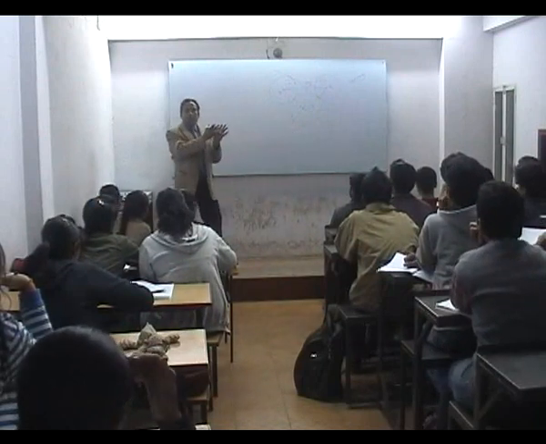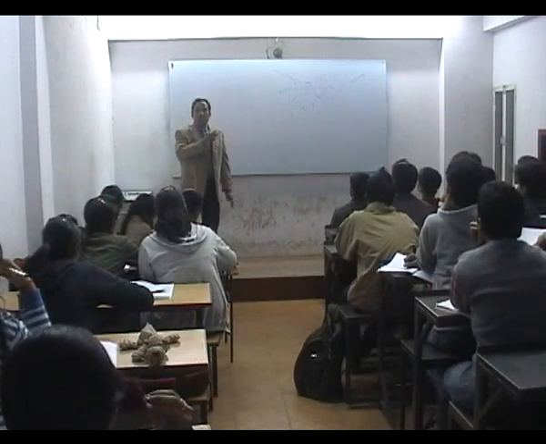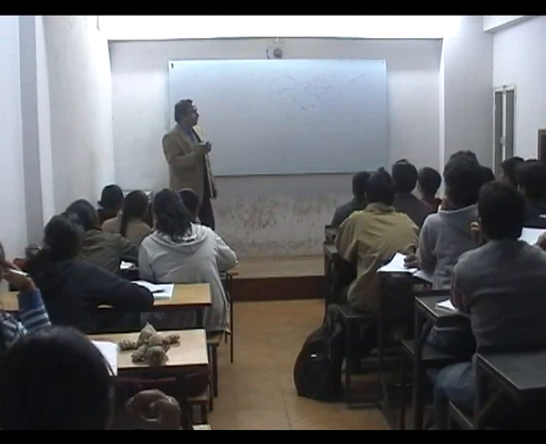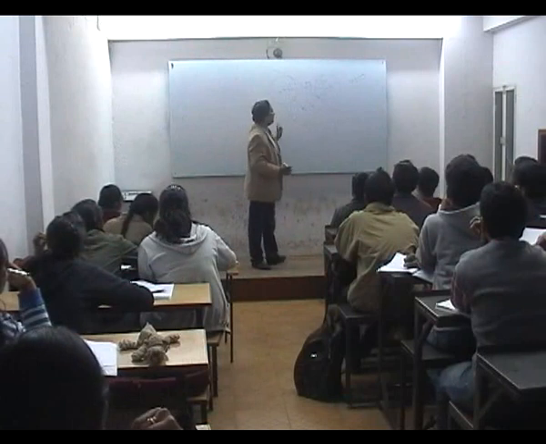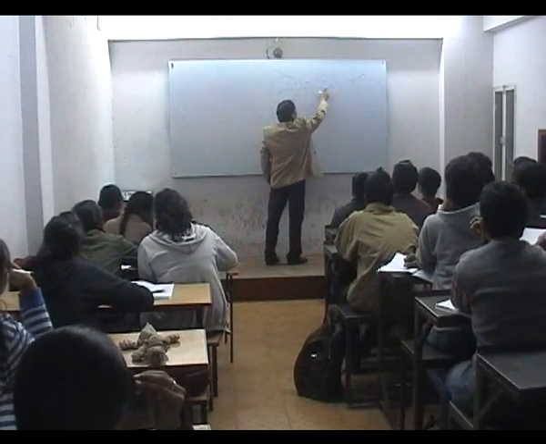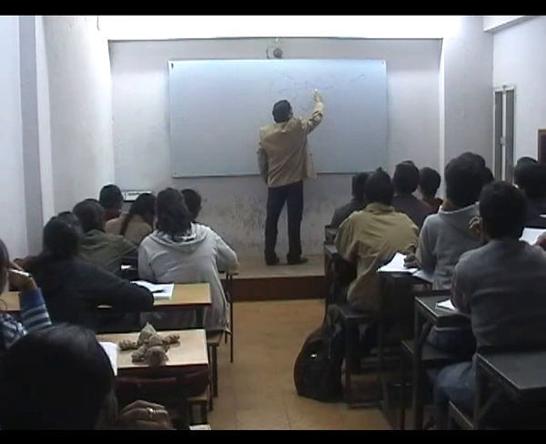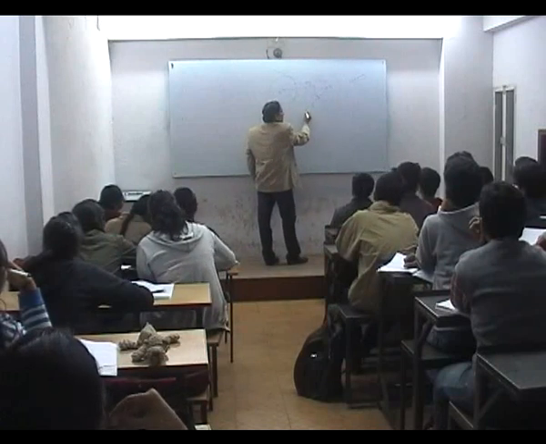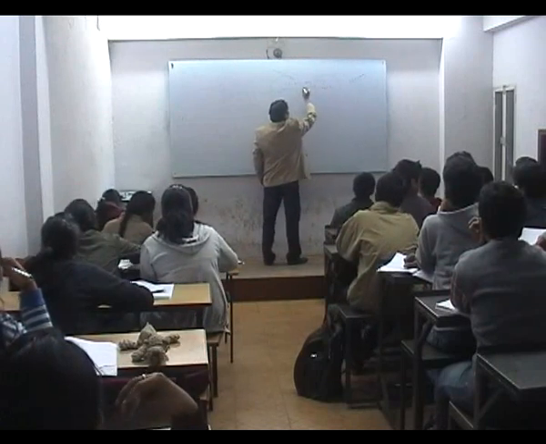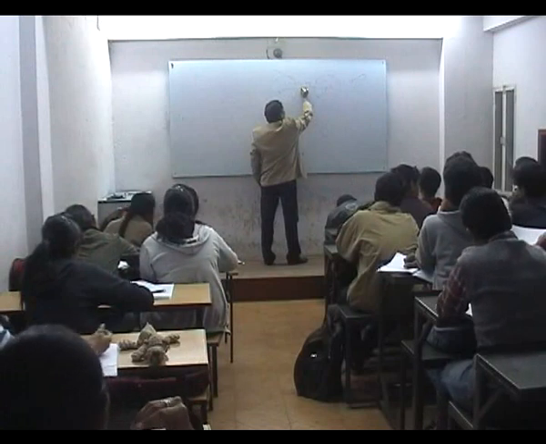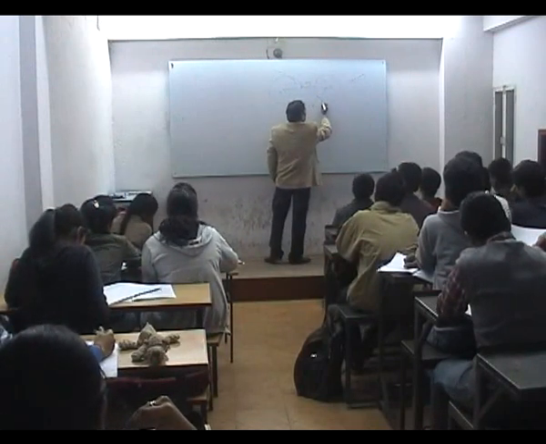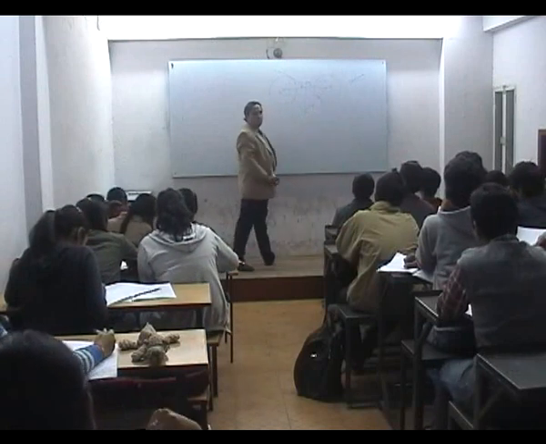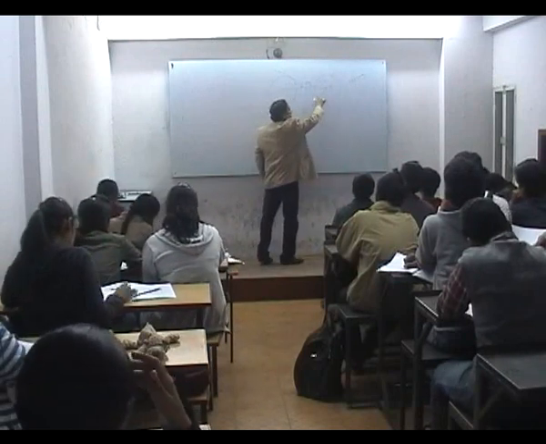Applying Pythagoras theorem, you can find this. How do you apply Pythagoras theorem here? As this length is 3, this length is 1. This is C, this is C2. Let P be the midpoint, and here one more point T, which is the point of contact, the point of tangency.